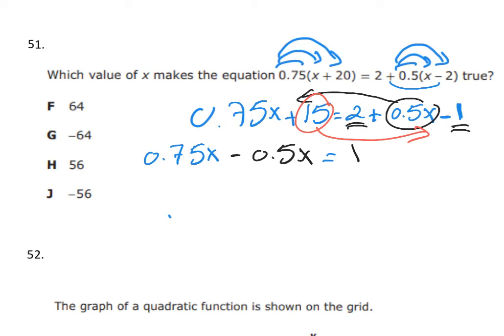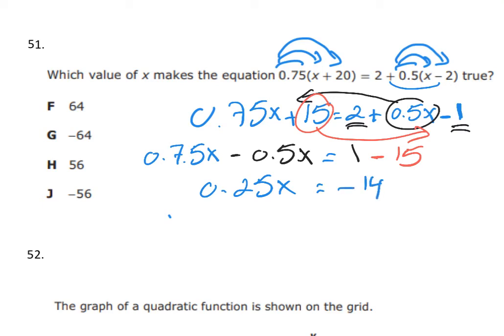And 15, we're going to move it to the right. That would be minus 15 here. Now, 0.75x minus 0.5x, that would be 0.25x. And 1 minus 15, that would be negative 14, right?